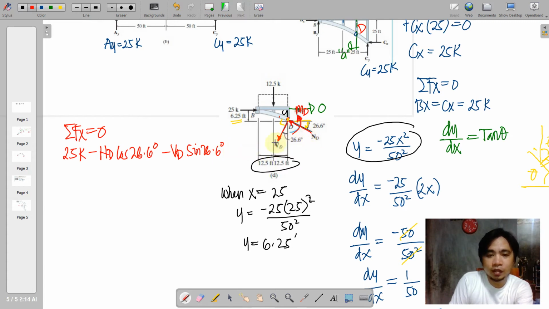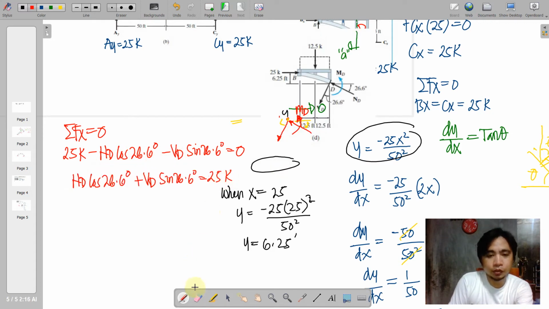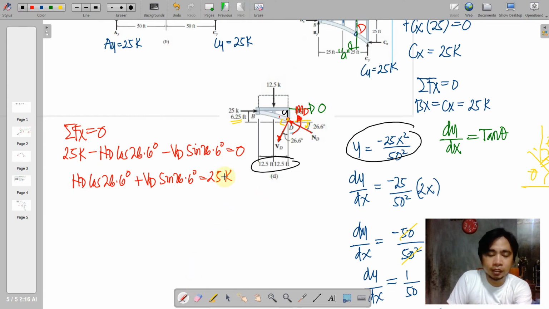So we have ND and VD towards the left, and 25 kips towards the right, and we can equate it to 0. We also simplify this: let us transfer your constant to the right side. We have this equation, so I'll just delete this and say this is equation 1, to be supplemented by another equation formed by the vertical summation.